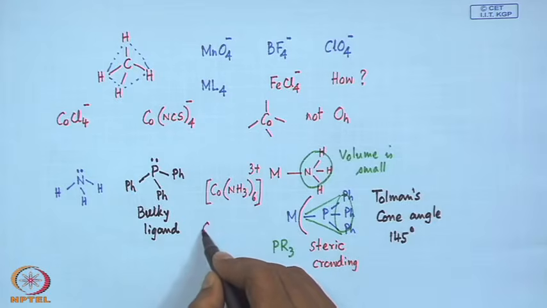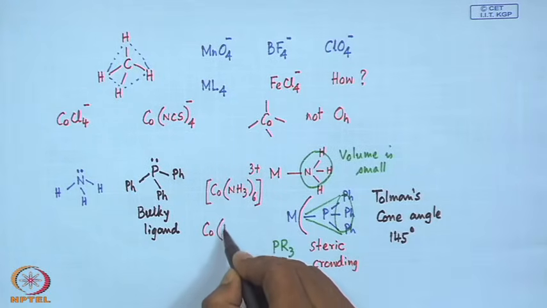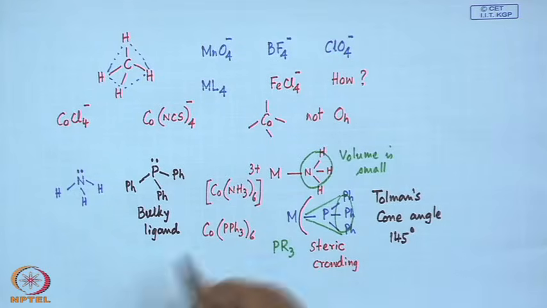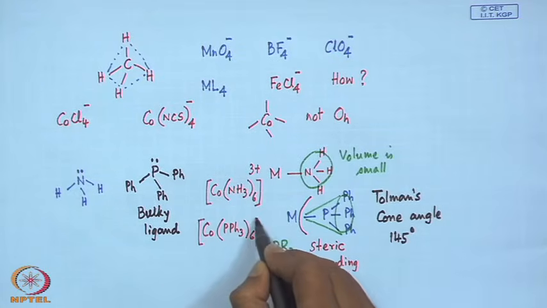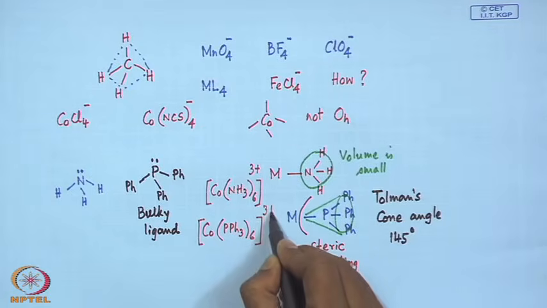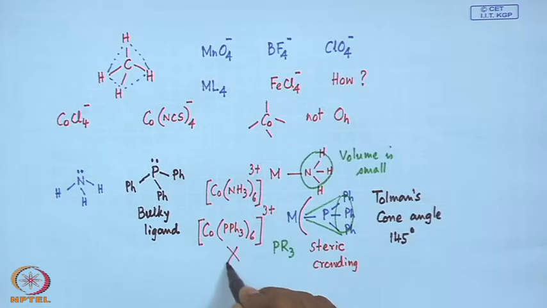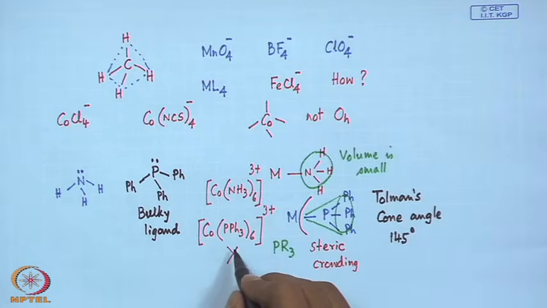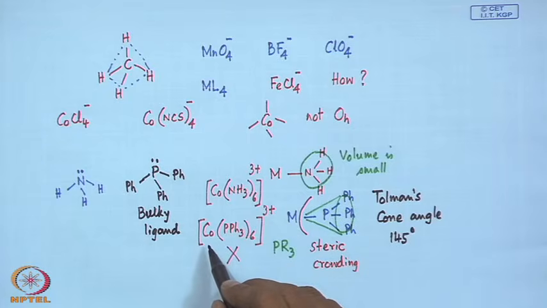That means, we cannot have a Co(PPh3)6 in our hand, similar to that particular ammonia complex, because the steric crowding would be more, and we will not end up with any situation where 6 phosphine ligands can cover this particular cobalt center systematically for an octahedral geometry.